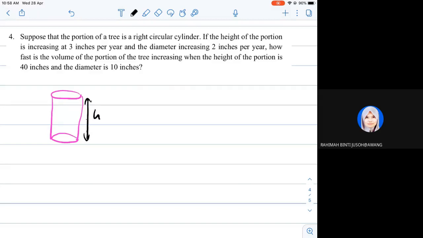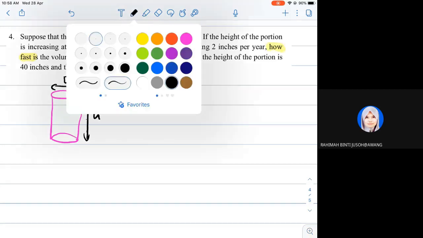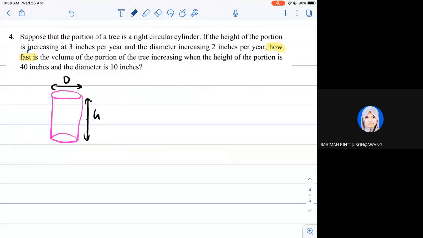Oh, the diameter, it does not use radius. We have diameter. Let's denote diameter as capital D. How fast is the volume of the portion of the tree increasing? How fast means the rate. Okay, meaning rate. It wants the rate of change of volume of the cylinder, of the tree. Increasing when the height of the portion is 40 inches and the diameter 10 inches.